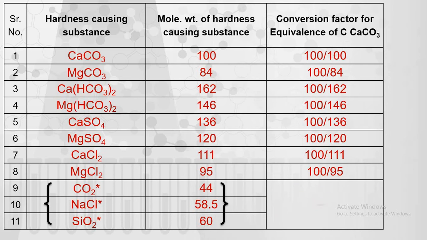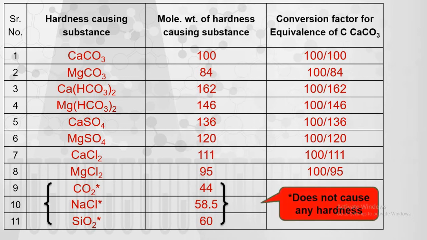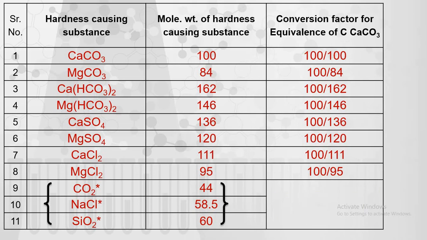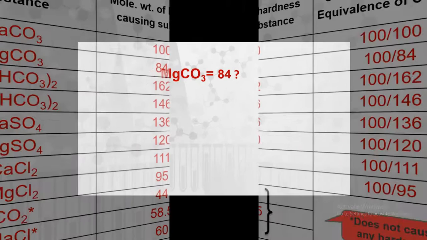Please remember these three molecules are not responsible for any hardness in the water. So if those substances are given in the problem, then they are skipped from the further calculation.